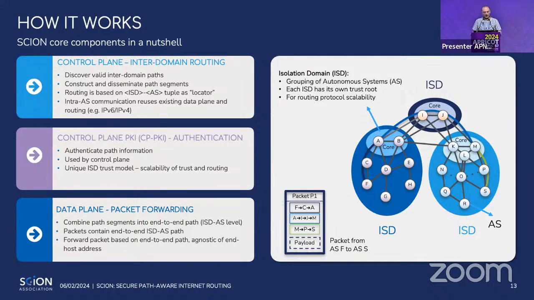There is a control plane PKI, which is validating the trust root, and that's used by the control plane. But then the data plane itself will combine the identified path segments into end-to-end paths, and it will forward traffic using those paths.